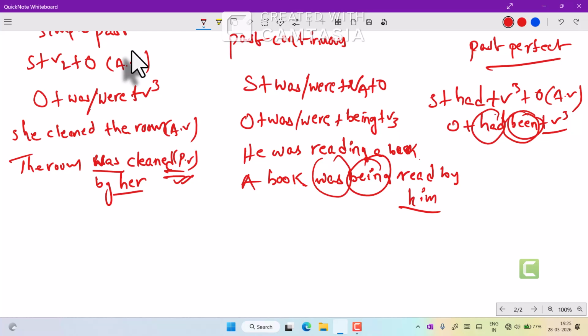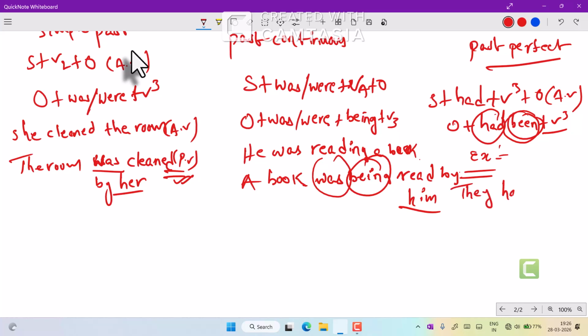Those who have doubts can refer to our first class notes on tenses. I told you the whole box in a clear-cut way, and we also conducted an exam on that, and you performed well. Now you see an example here: they had finished the work.